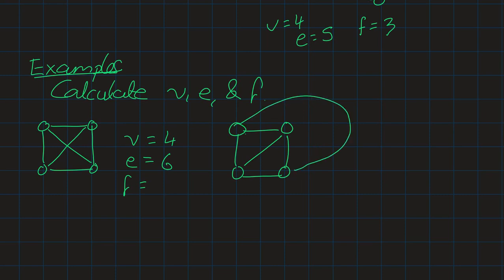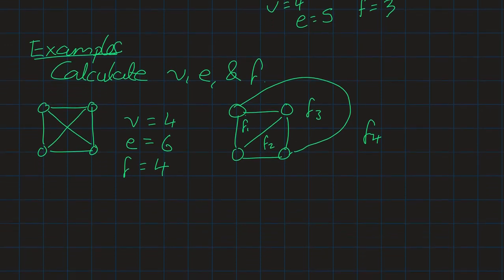This is perfectly fine. And now I can count how many faces. I see 1 face, 2 face, 3 face, 4 face. So it's 4, 6, 4, like this.